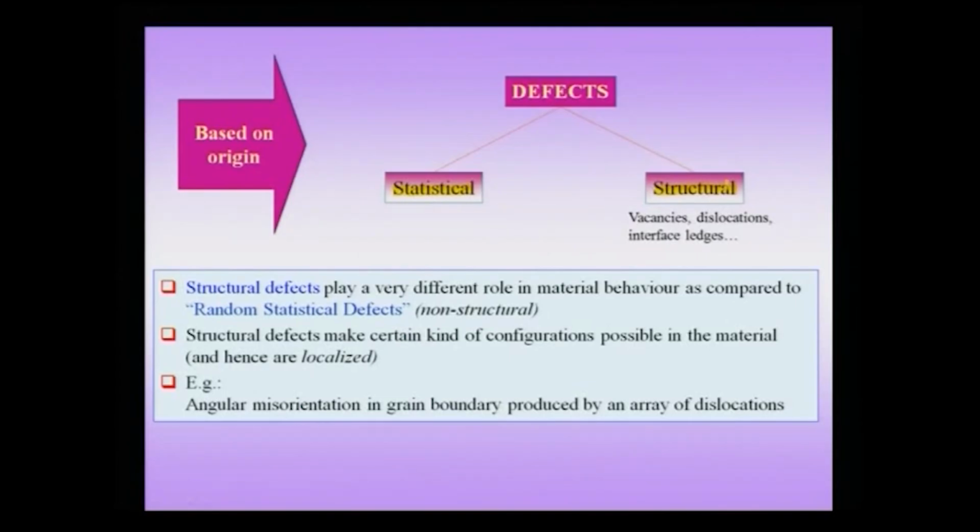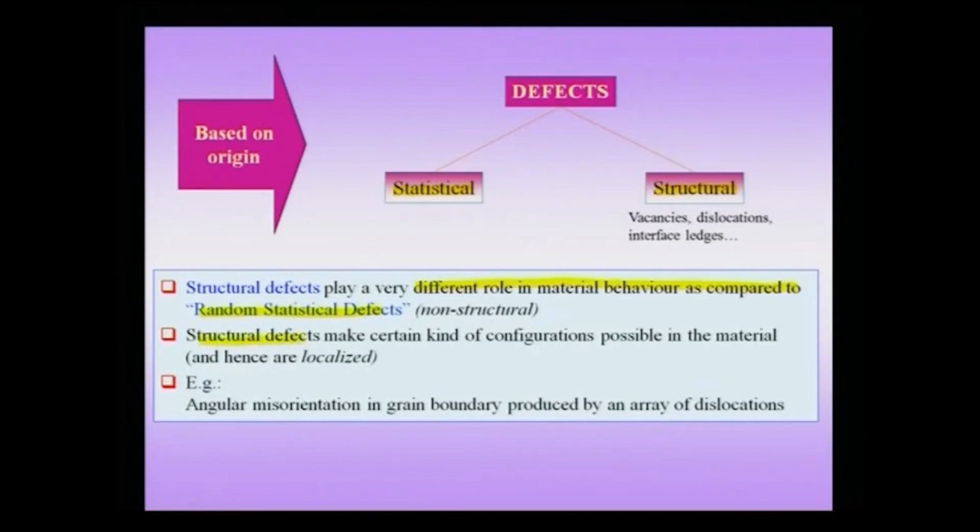The importance of this classification is that a statistically stored or random statistical defect has a different role in material behavior as compared to a structural defect. A single defect can also go from being a statistically stored defect to a structural defect, and in fact, we have already considered one such example, but we will return to that example once again from the viewpoint of classifying defects as statistically stored or structural.